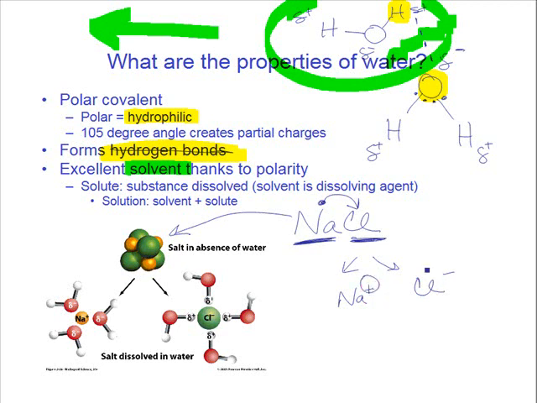Notice that these are full positive and negative charges because sodium has given up an entire electron and donated it to chlorine, which has become a chloride ion. Well, as you can imagine, the partial positive and negative charges of water are quite attracted to the fully positive and negative charges of sodium and chloride.